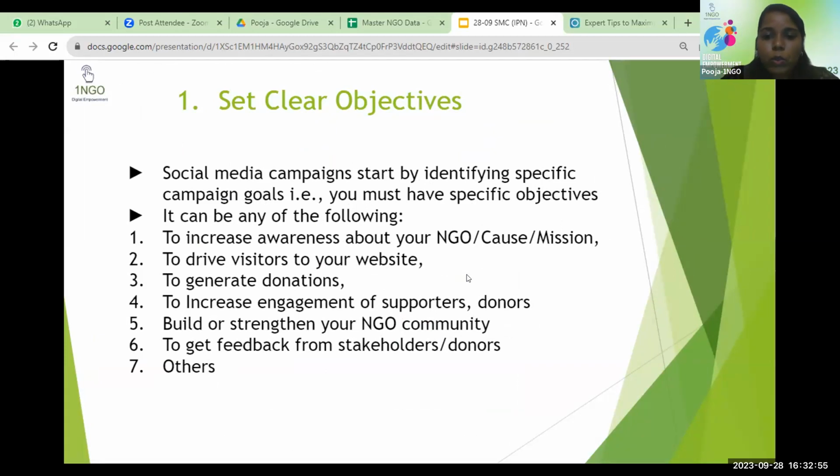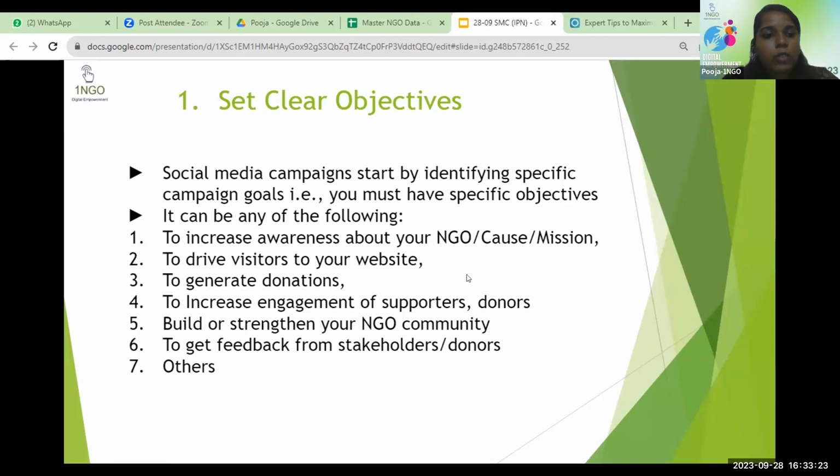Or do you like to generate donations by asking for help from the supporters or stakeholders? Or would you like to engage them? Or you would want to strengthen the NGO community? Or do you want to get feedback from the stakeholders or donors by launching a poll or other options? So set clear objectives when you want to start a campaign.